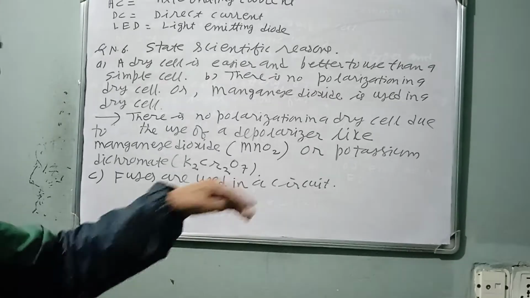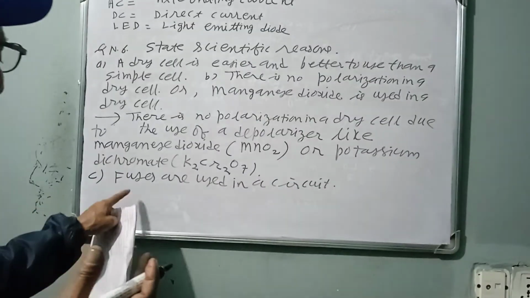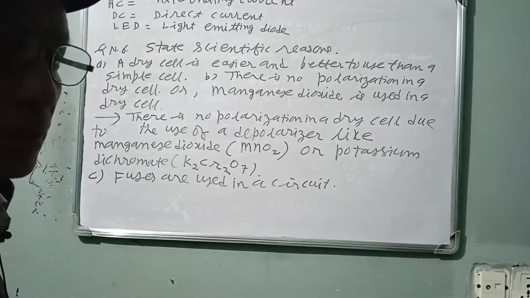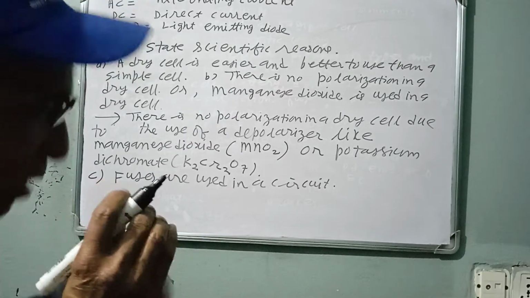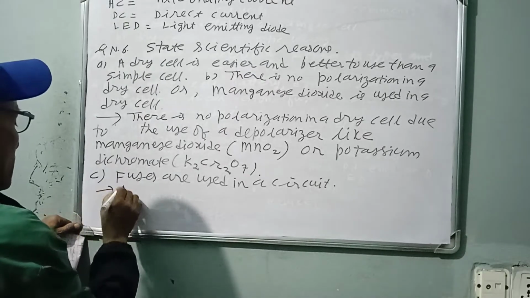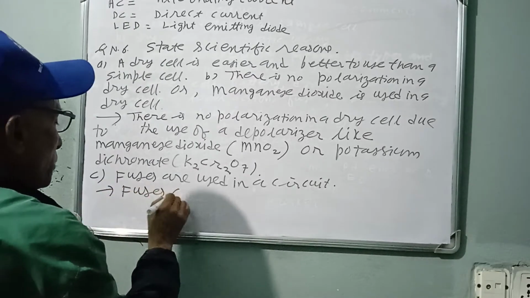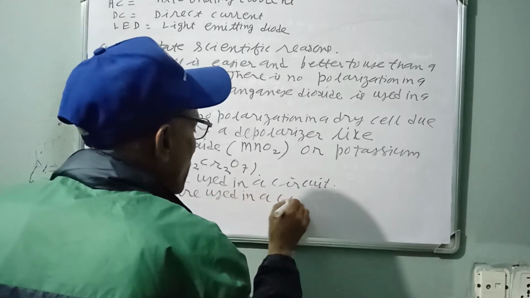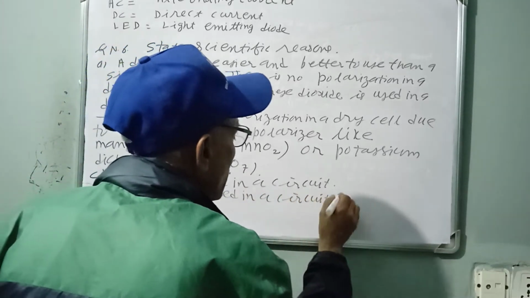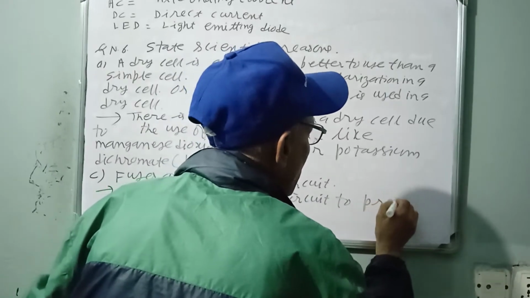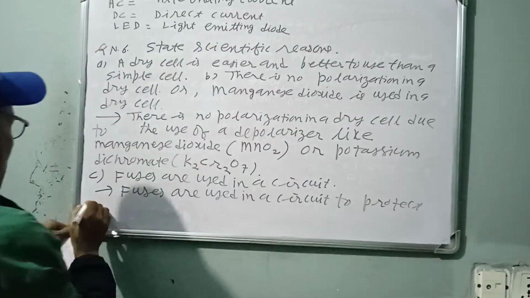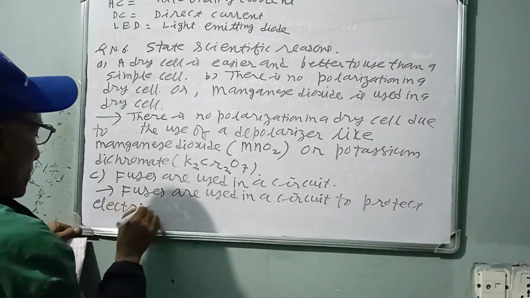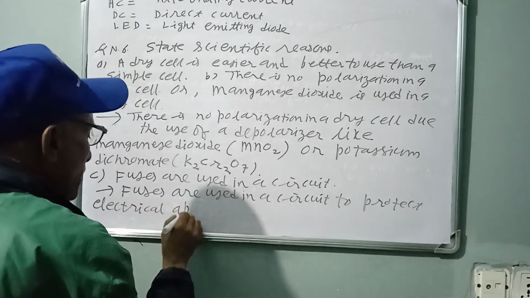In case of overloading and short circuiting, all the electrical appliances are destroyed. So in short, fuses are used in a circuit to protect electrical devices, electrical appliances.